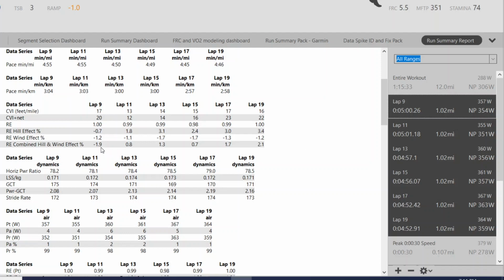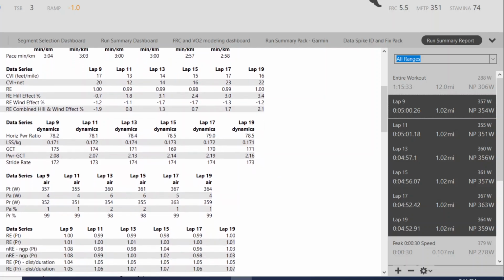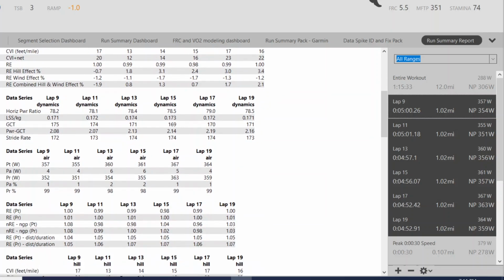So you'll see in this case, his running effectiveness was improved just a little bit by the combination of these factors, and over here on the left, his running effectiveness was diminished somewhat by these factors. So again, I have running effectiveness, but I have these other things here allowing me to interpret running effectiveness.